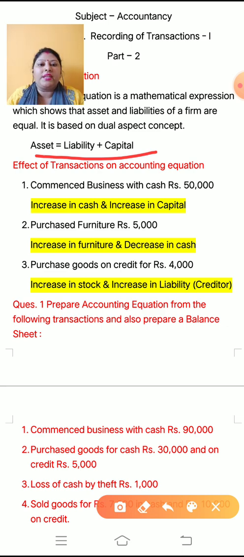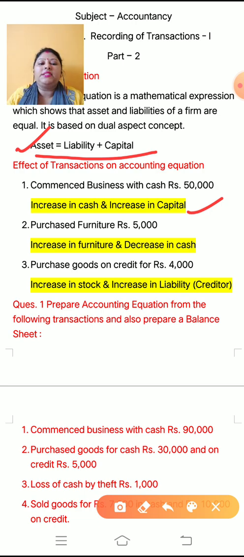If we start business with cash, our asset side will increase, so increase in cash. As well, when cash comes into the business, it is converted into capital, so our capital side is also increasing. Increase in cash and increase in capital.